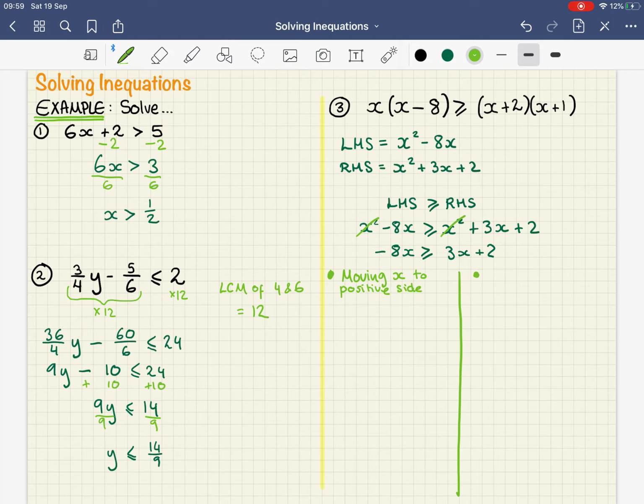And this one here, I'm just going to subtract the 3x first in order to just get all my x's onto one side as quick as possible. So I'm going to do the left-hand side first. So let me just write it out again.